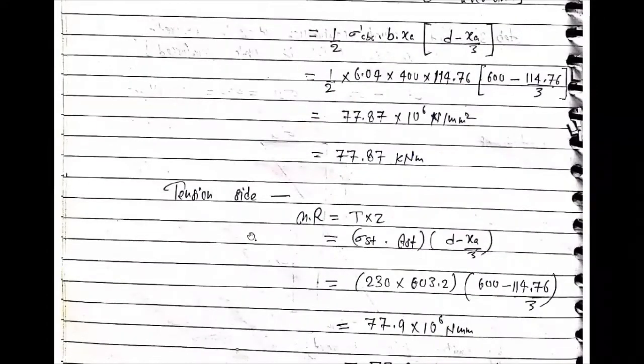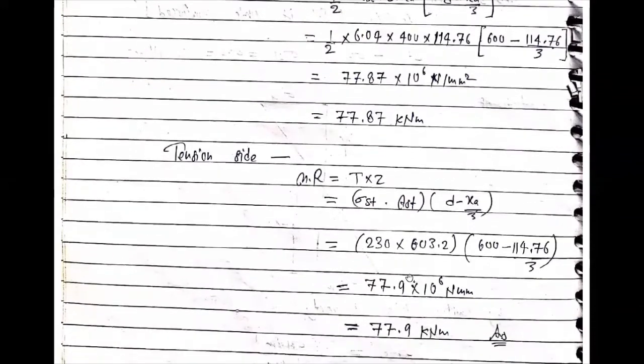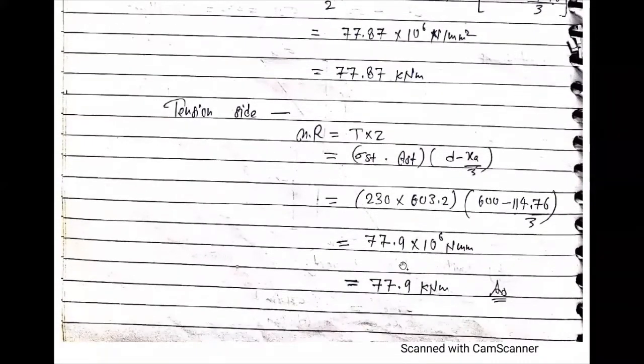Next is tension side. So moment of resistance in tension side is given by tensile force T into Z. Z is again lever arm. T is sigma ST multiplied by AST, and Z is again D minus XA by 3. Substituting all the values, we get 77.9 into 10 to the power 6 Newton mm.